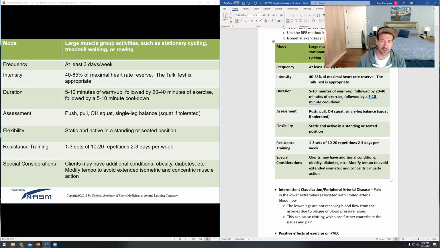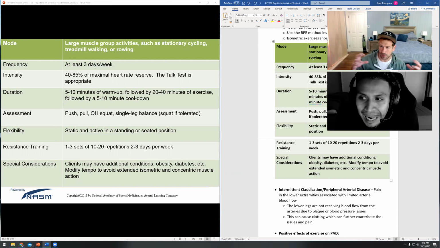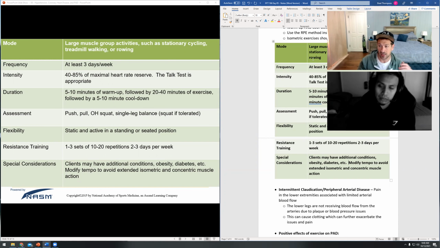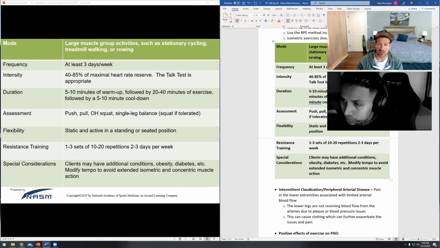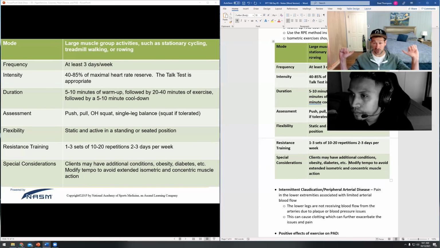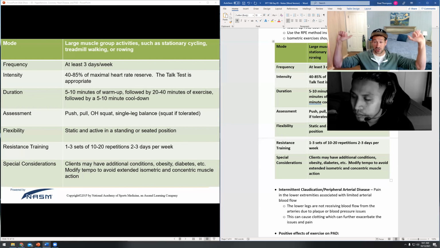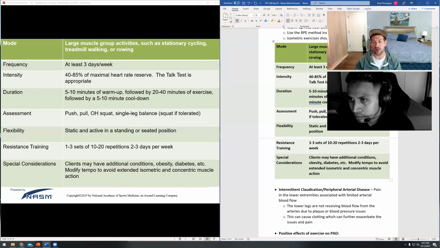Long eccentric is fine. Long lengthening of the muscles, that's fine. But long shortening or long stabilizing, those are things we're avoiding. When you're lifting and it's real heavy and you're finishing out that last rep and it's real slow, we don't like that with hypertensive or coronary heart disease clients.